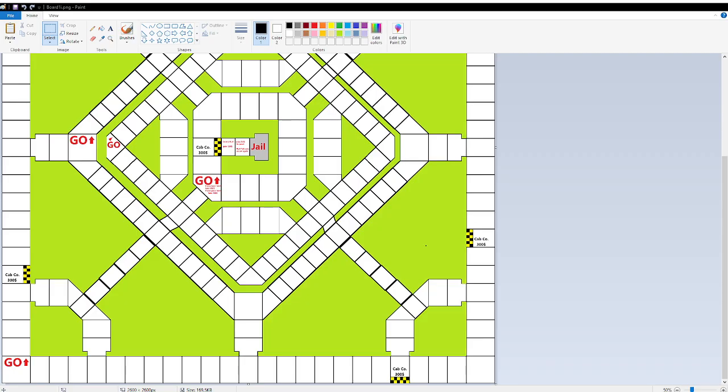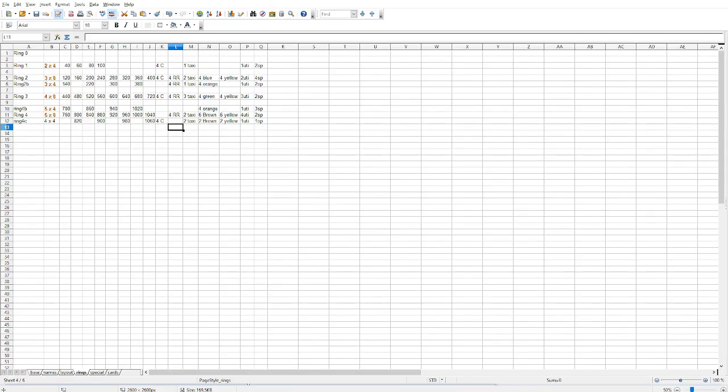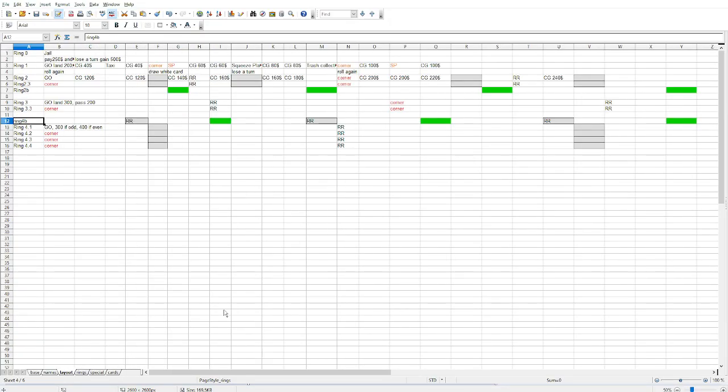Okay, so back to the thing. I need to set out all of the names of all of the things. Like here I have, I put it in ring 4B that I was going to have railroads, but no, those are not railroads.